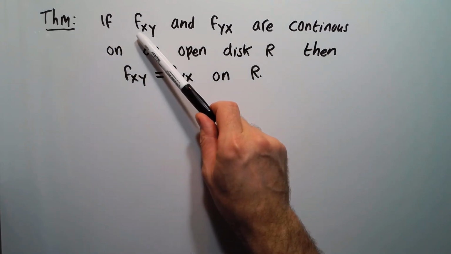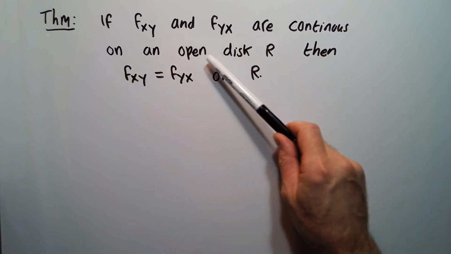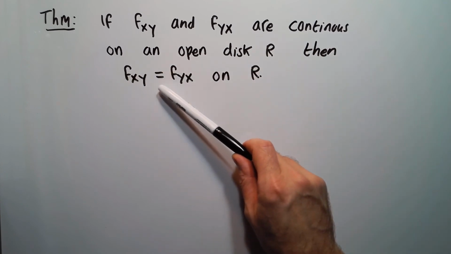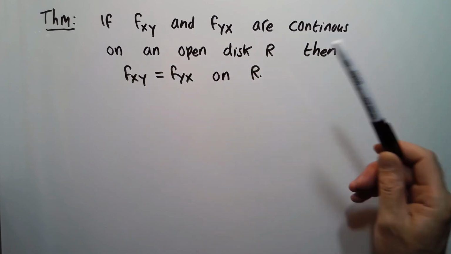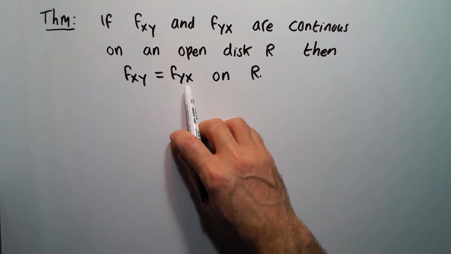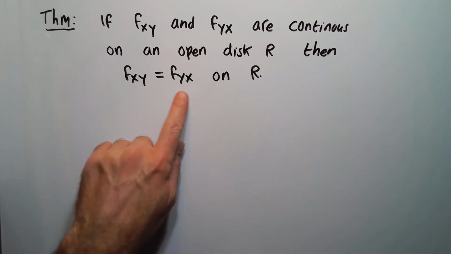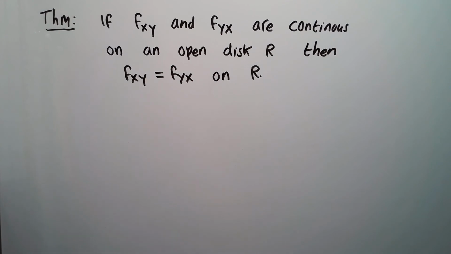So pretty much it says if fxy and fyx are continuous on some open disk, then fxy equals fyx on the disk. So pretty much the fxy and fyx are going to equal in just about all cases. So it'd be very difficult to come up with an example where they will not equal. Okay. So again, we're not going to prove this, so we're done with the section, so I'm going to leave the video here.